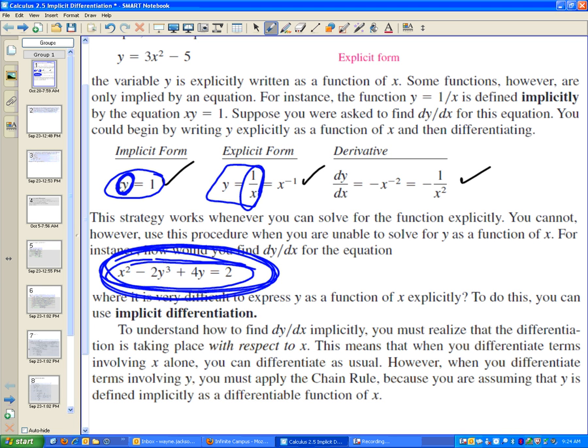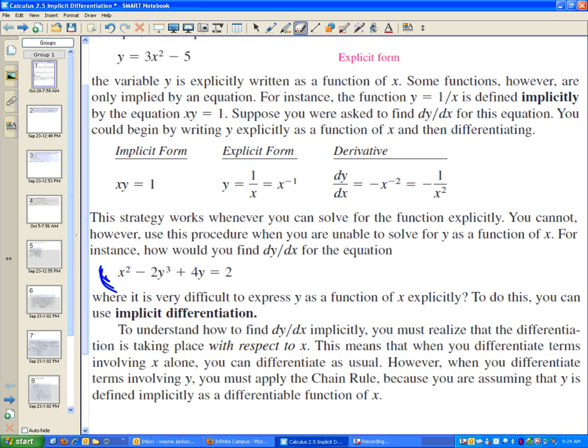We can make a little xy chart, make up an x coordinate, figure out what y must equal, and plot points and graph it. We can do all that. But I don't know what the function y equals. So, when the function is very difficult, or maybe just flat out impossible to solve for y, we have to use implicit differentiation.